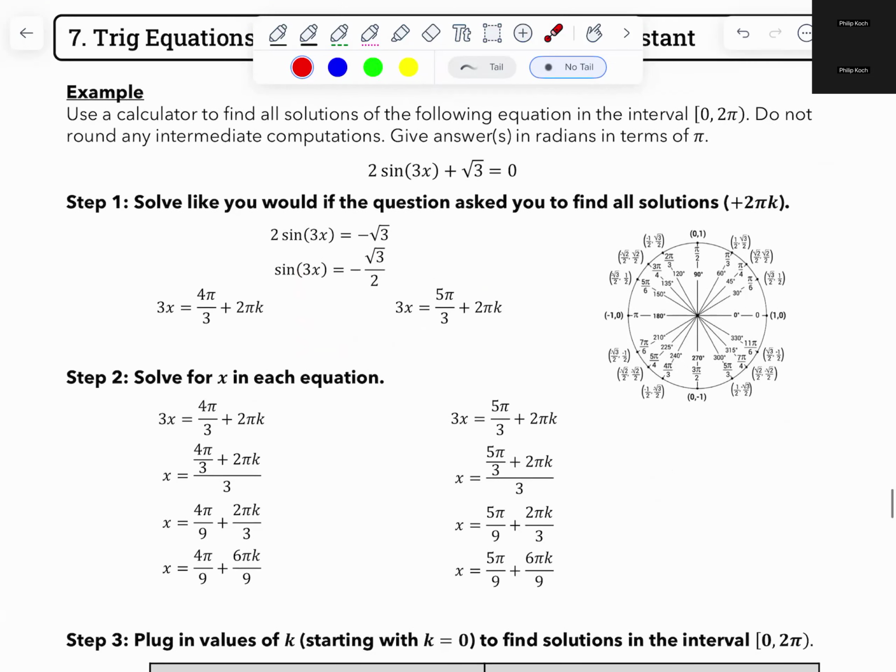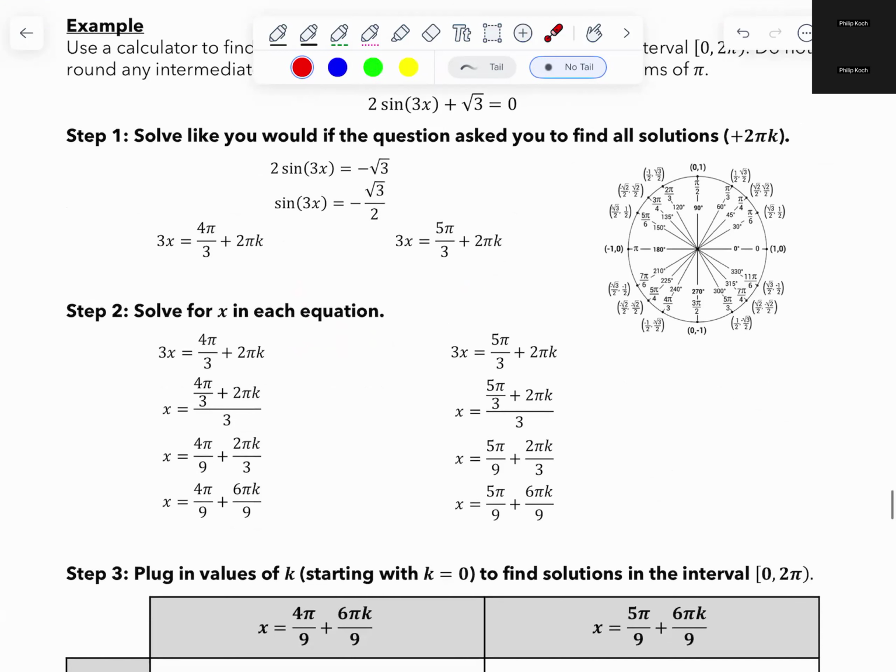And then you're going to solve each of those equations for x simply by dividing both sides by 3. Remember, you're going to divide each term on the right-hand side by 3. So 4 pi divided by 3 is 4 pi over 9. 2 pi k divided by 3 is 2 pi k over 3.